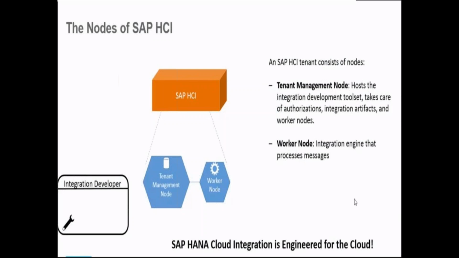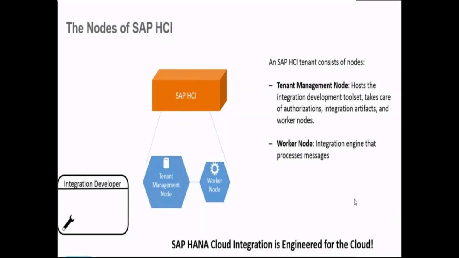Okay, that worker node will take all the details from tenant management node, like which interface is this, which mapping we will need to use, which business logic we need to do, and which receiver it needs to set. Okay, so all these things would be performed on your worker node, and once that message has been processed and the worker node task is done, that worker node will be refreshed. Okay, so that data would be refreshed.